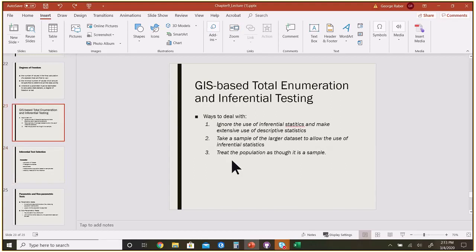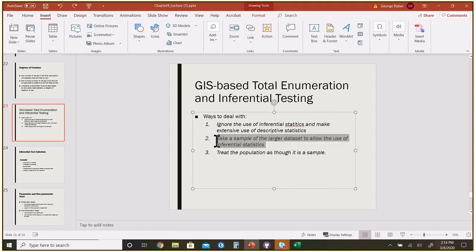So there are all three of these possibilities. In other words, this slide is why we would use inferential testing in GIS data. So one is we might just use descriptive statistics. Two is, in some cases, this comes into play a lot when we're testing the accuracy of a map.